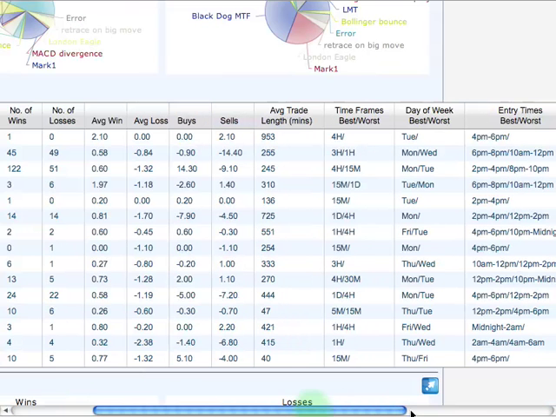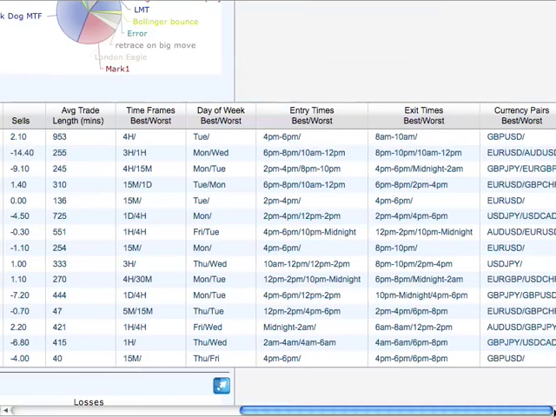Then we get into some other metrics which show our best and worst figures, so the best and worst time frames on our chart. For this particular trade type, we do best on a 4-hour chart and worst on a 15-minute chart. We have similar breakdowns by day of week, so some of these are good on Monday, worst on Tuesday and Wednesday.